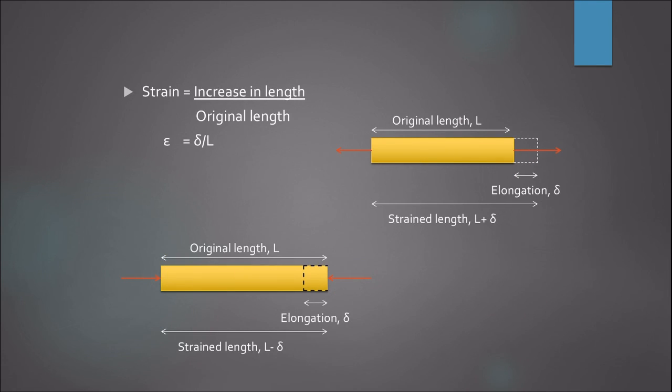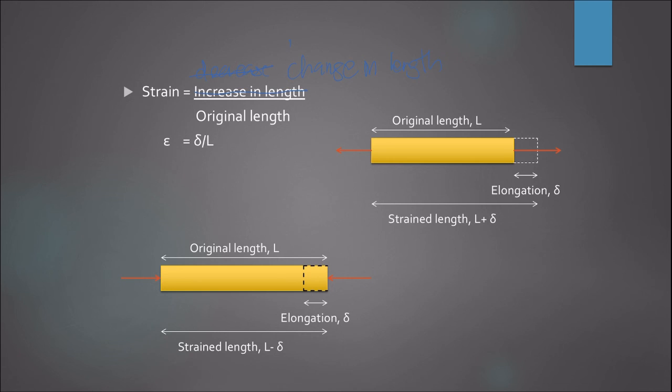For example, we have here case tu, dia bagilah formula strain is equal to increase in length ataupun decrease in length. Maksudnya change in length lah. Okay, change in length divide with original length.